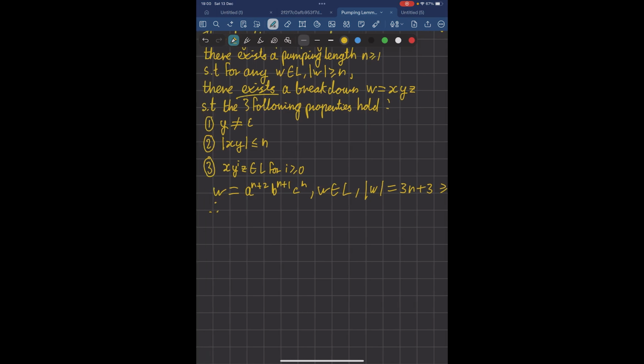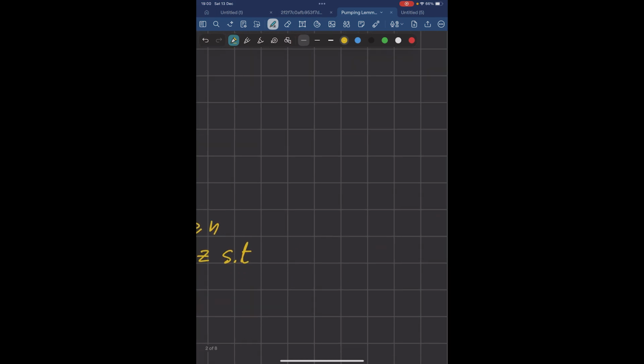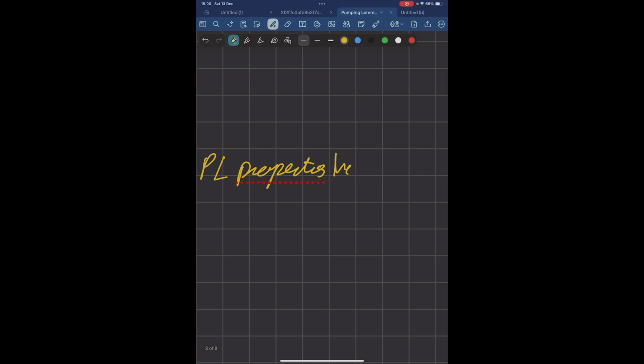So therefore, there exists a breakdown w equals xyz such that the three pumping lemma properties hold. Sorry, it's a bit messy.